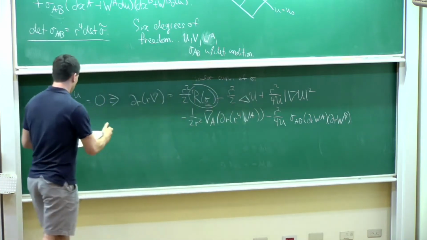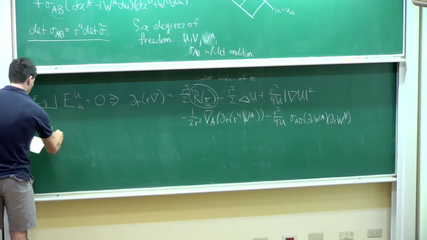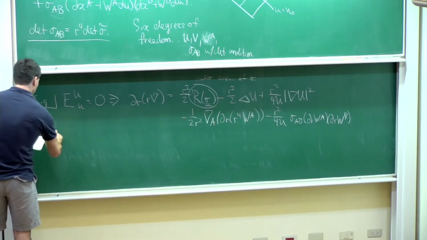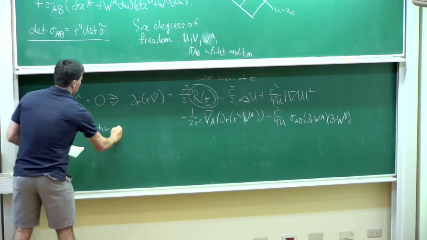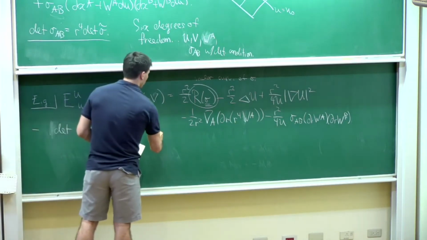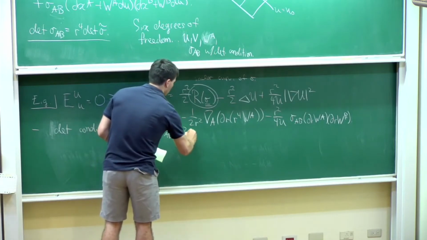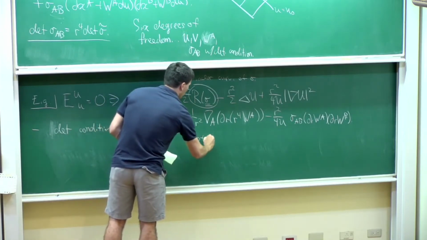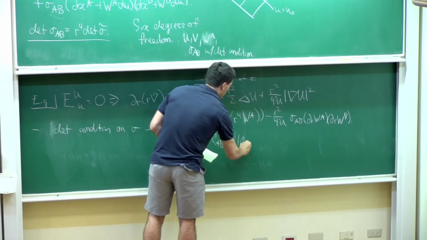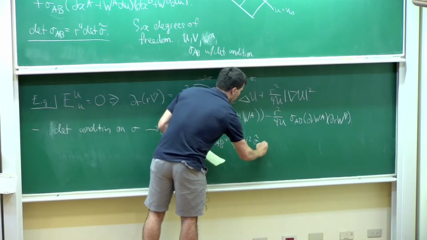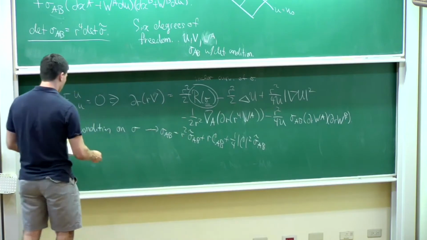And the way it was set up was there was sort of a hierarchy. So just to remind you of the thing that Mutau discussed, the way it begins is we have some determinant condition on sigma, and we sort of get an expansion for it. And we see that the shear tensor pops out.